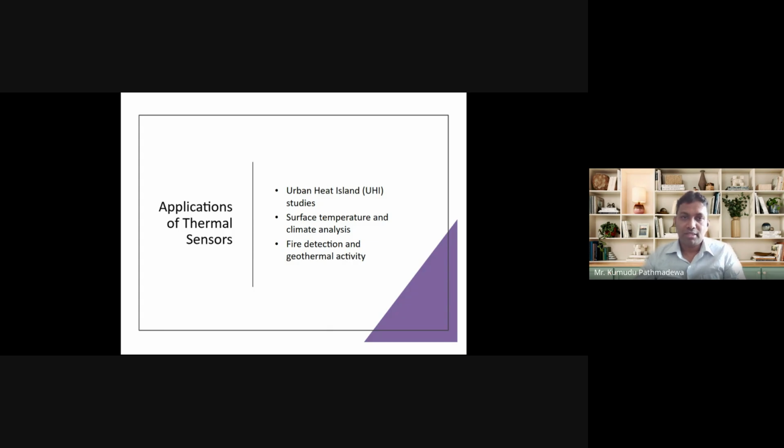We can use these thermal sensors for those, basically fire detection, volcanic activity, and geothermal energy exploration. Those are for satellite remote sensing, and for urban heat studies, maybe you can use drone thermal images also.